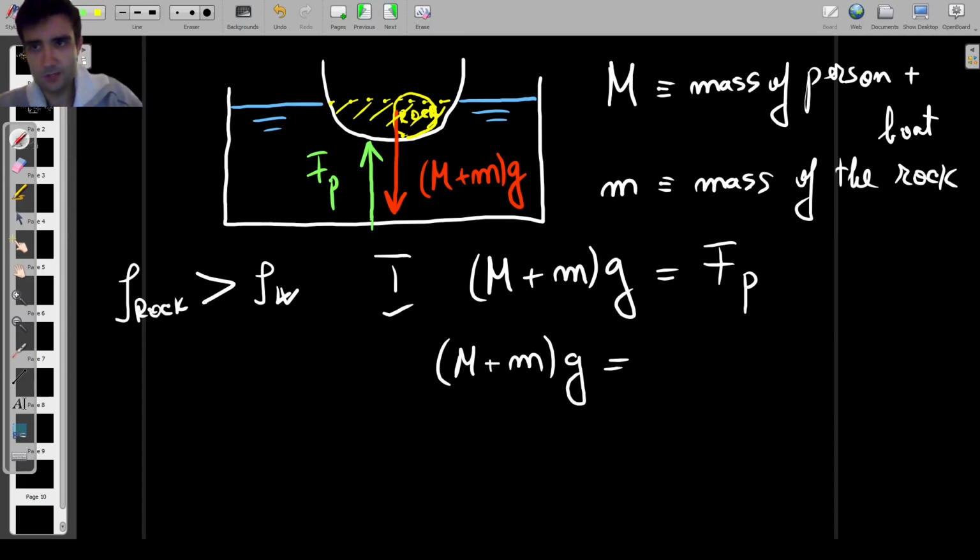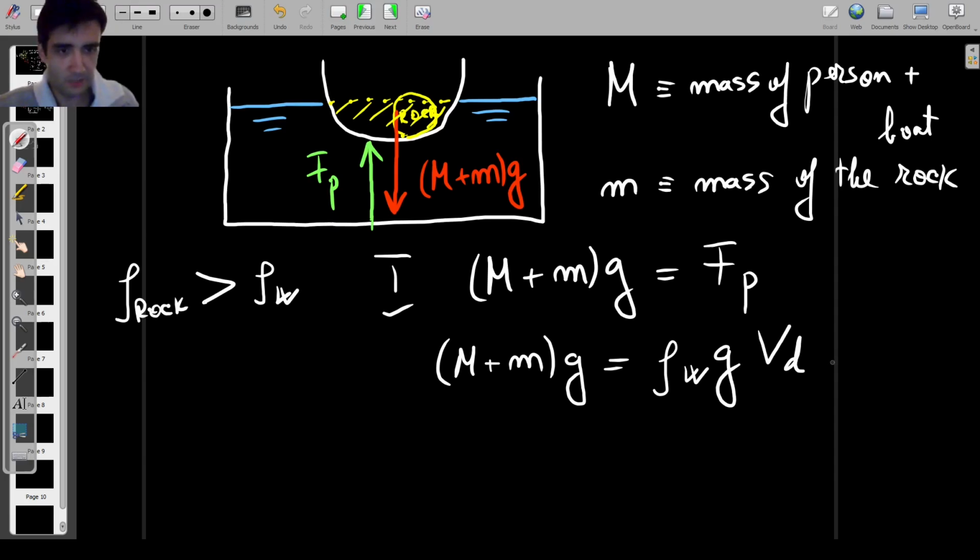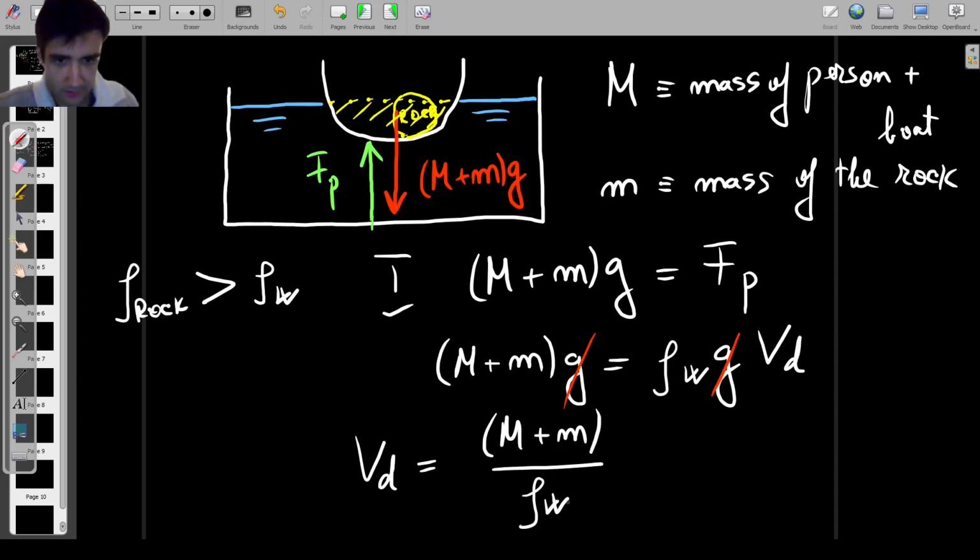So that's going to be the density of the water times g, and then times this displaced volume. And as before, we can cancel the g's. Then the displaced volume is just going to be M plus m divided by the density of the water.